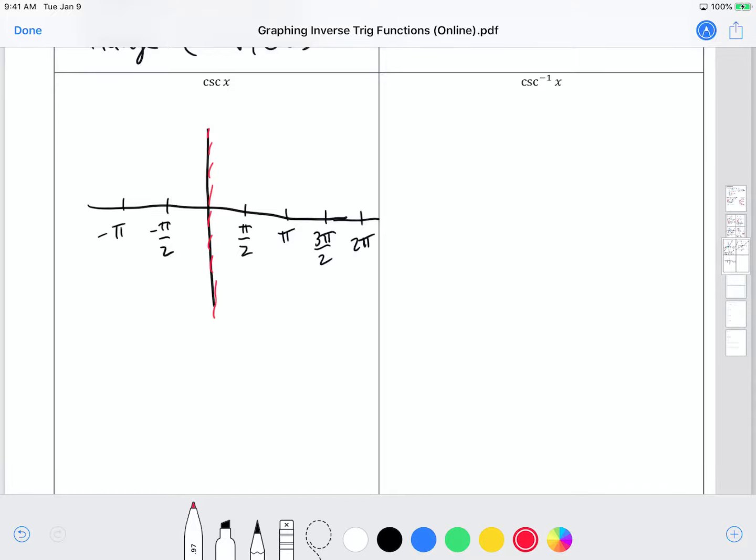It's undefined at 0, pi, 2 pi, any multiple of pi. And then when we graph it, it's going to look like this. This is what the mother function looks like, and it's just going to keep repeating. And this is at 1, and this is at negative 1.